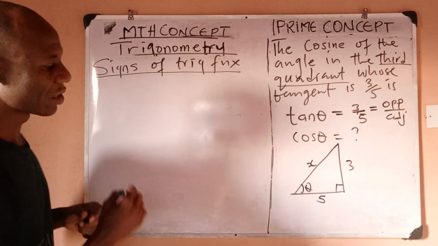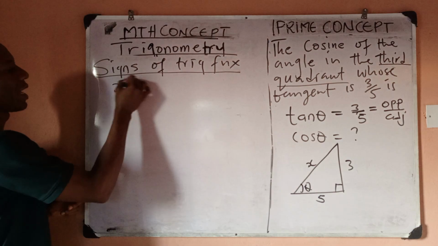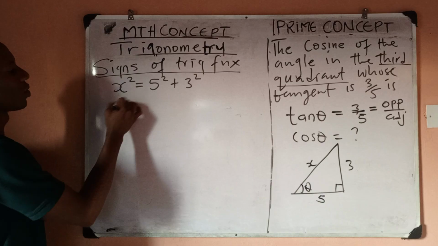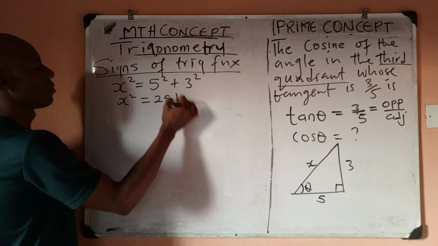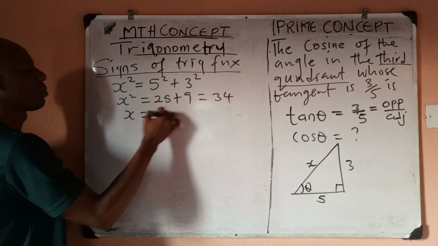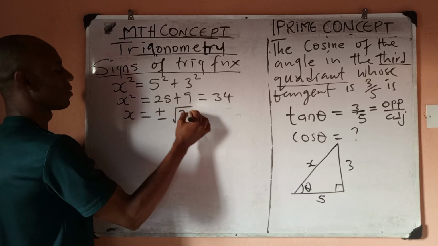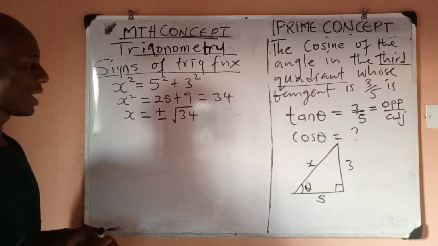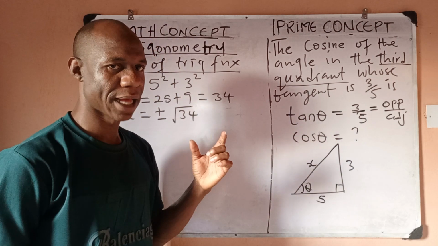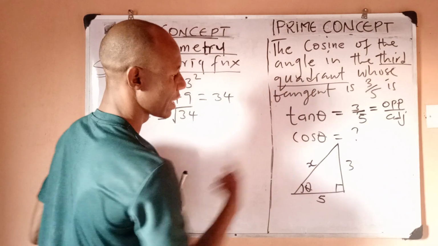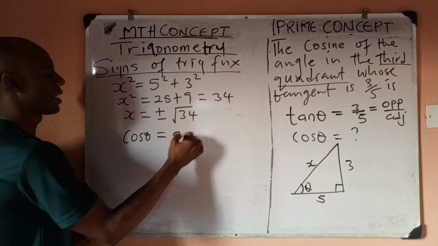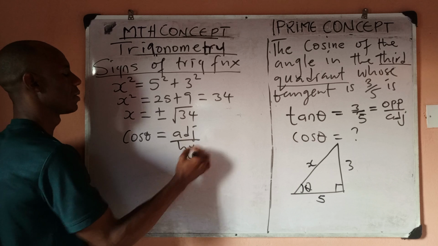From Pythagoras theorem, you have that x squared is going to be 5 squared plus 3 squared. So x squared is going to be 25 plus 9, which is actually 34. Then x becomes plus or minus square root of 34. So this is what we have as x, plus or minus. I want to find cos theta, right? So cos theta is actually going to be adjacent over what now?